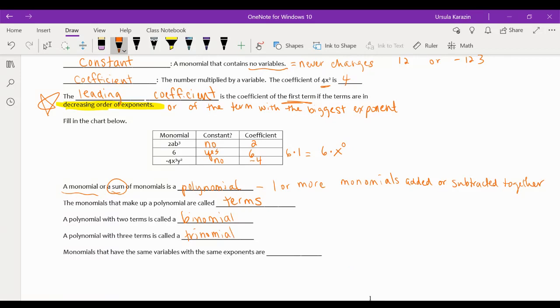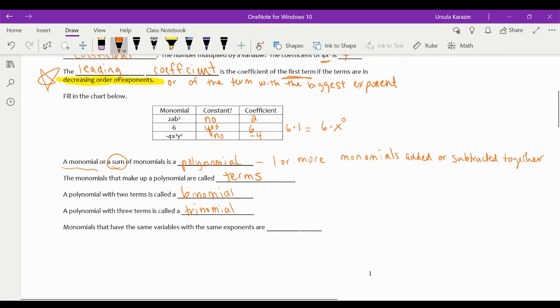If you think about it, have you ever heard of a monocle? A monocle is one of those things people used to wear where they put one glass in their eye and I guess they'd squint a little and hold it in. So monomial would be like a monocle. So it has only one. Monomials that have the same variables with the same exponents are like terms.